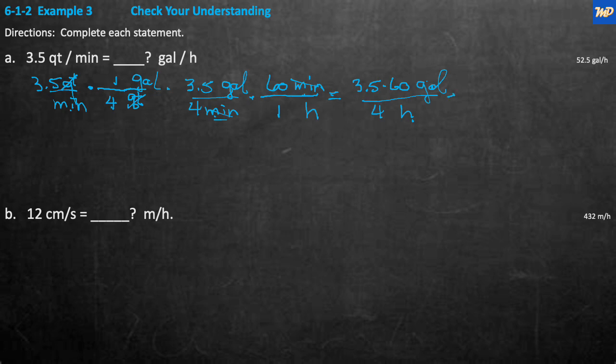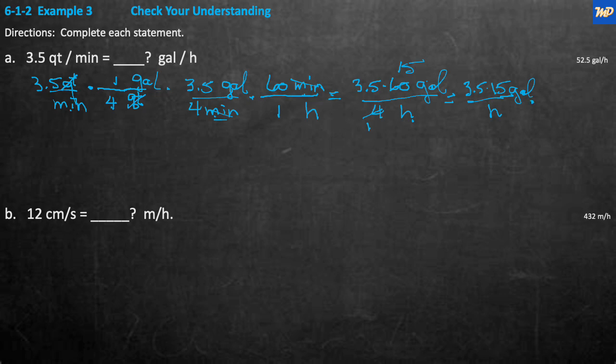Well, I'm going to take it a step further. I'm going to divide the 4 into itself and get a 1, and 4 into 60 and get 15. So 3.5 times 15 gallons per hour.